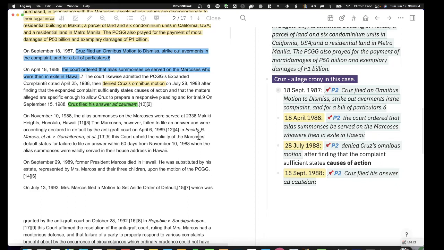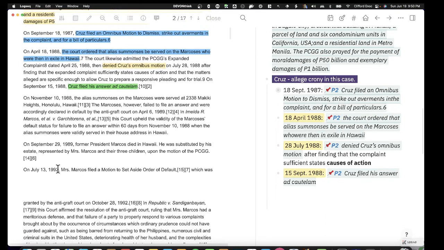And then another case ni siya, Marcos, et al. versus, this is Imelda versus Gancayco. This court upheld the validity of Marcos' default status for failure to file an answer within 60 days. Na-default, no? Kaya wala man siya mag-reply. So, na-default within 60 days when the alias summonses were validly served in their house address in Hawaii.